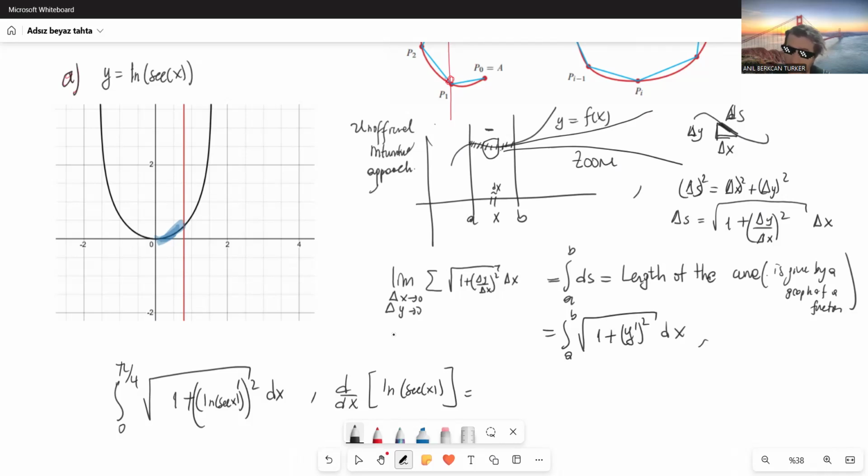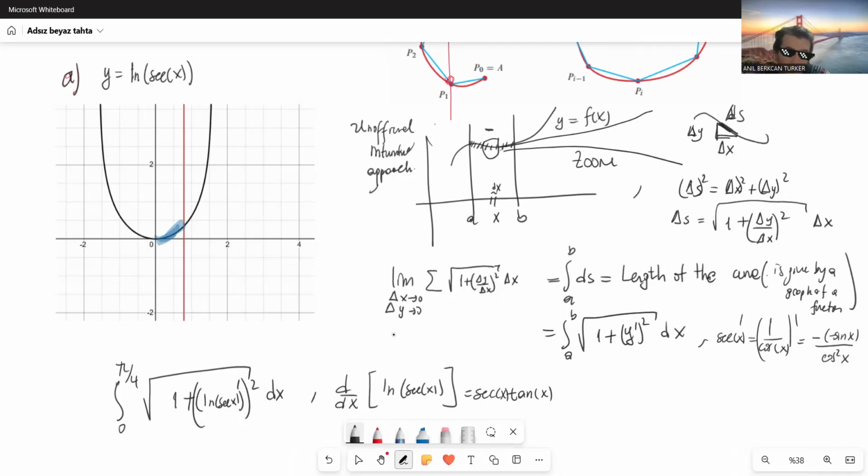Secant x is just 1 over cosine x. Take the derivative: minus minus sine x, the derivative of cosine x, over cosine squared x. So it's secant x tangent x.